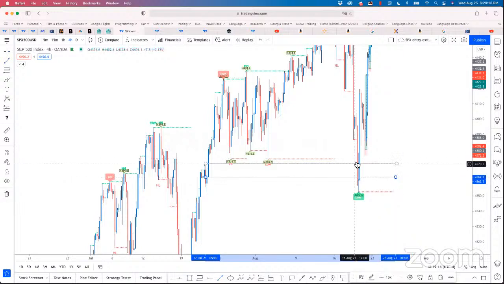And for this entry, I don't care if it goes in the drawdown. I just wanted to make sure that if it came down and bounced off the high of the order block, I can get pulled in just in case it does that. This is my bigger entry. And I'm saying, as long as it doesn't close below this low, I'll be good to stay in this trade. So I'm either going to have another order right here, or I'm just going to market execute once I see it get down to this point.